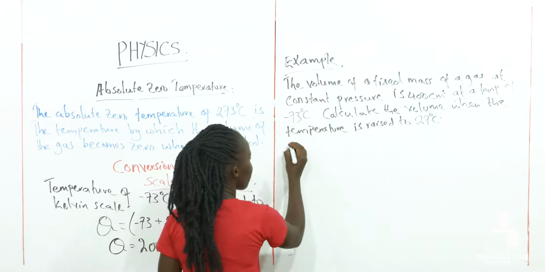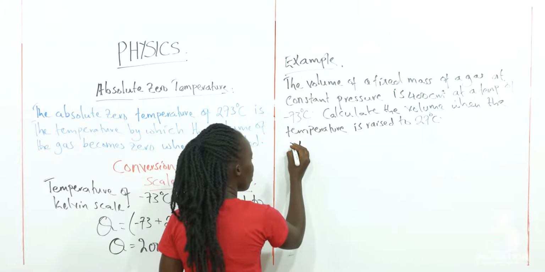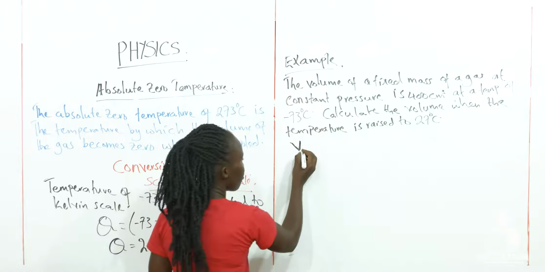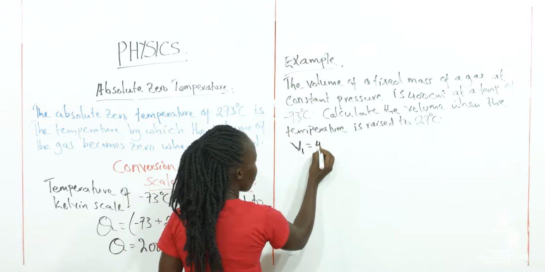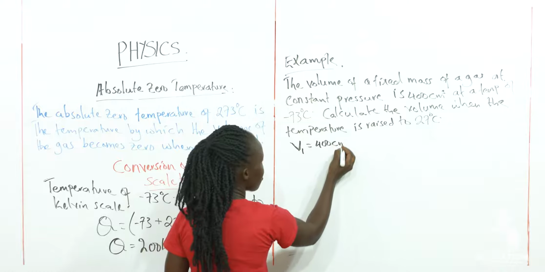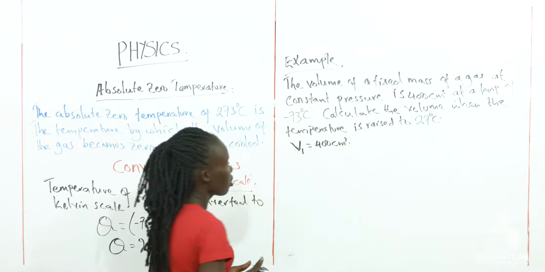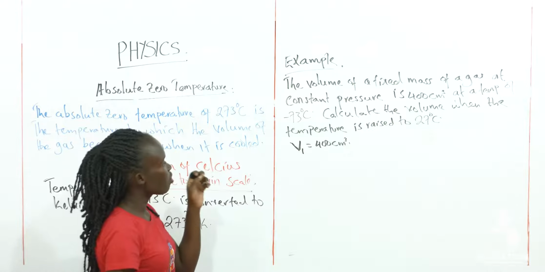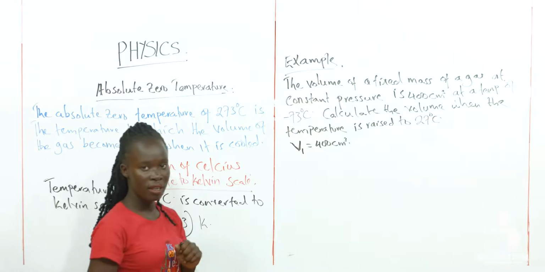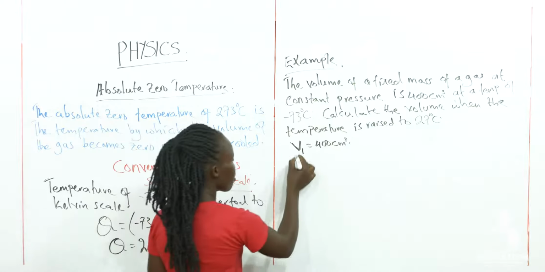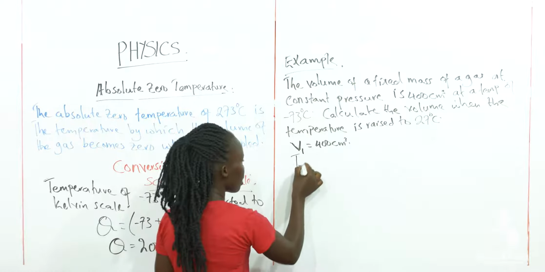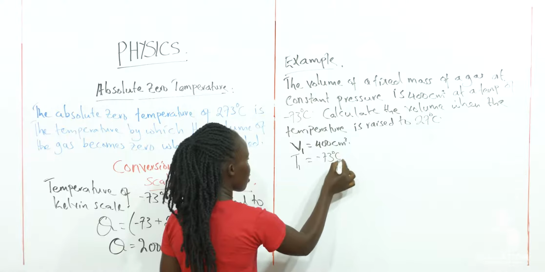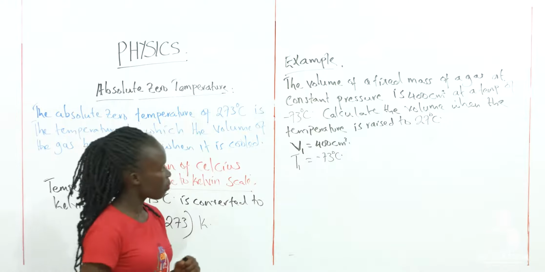That is the first volume of the gas, before adjusting, at a temperature of negative 73 degrees Celsius.